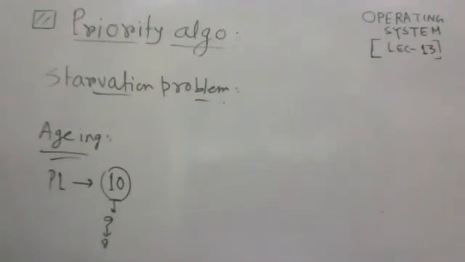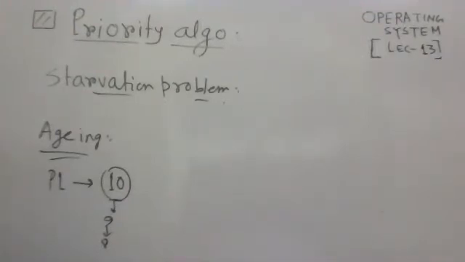So in our next lecture we will discuss another scheduling algorithm. This is the round robin algorithm, and round robin is a pure preemptive algorithm.